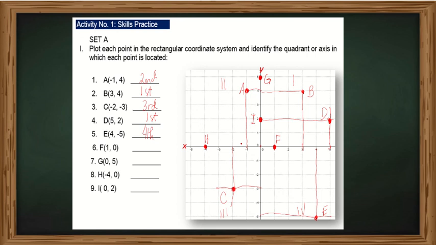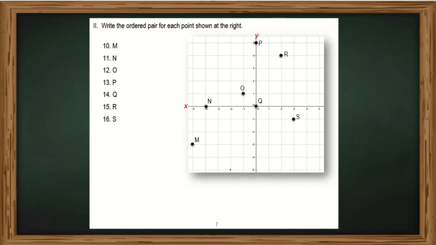Okay? How about for set A, test 2? Write the ordered pair for each point shown at the right. So, let's start with point M. Point M has coordinates: our x is -5 and our y is -3. Okay?